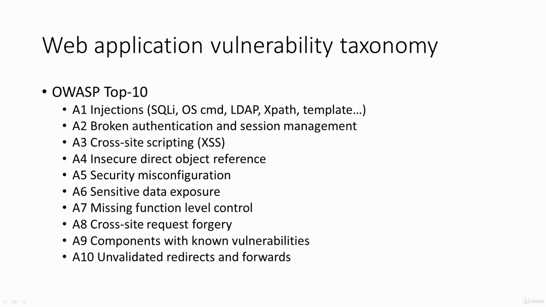The fifth category is security misconfiguration. We briefly described that in the previous slide. So that's any kind of operational mistakes that were introduced into the configuration of the web application and the underlying platform and infrastructure during the development and deployment.